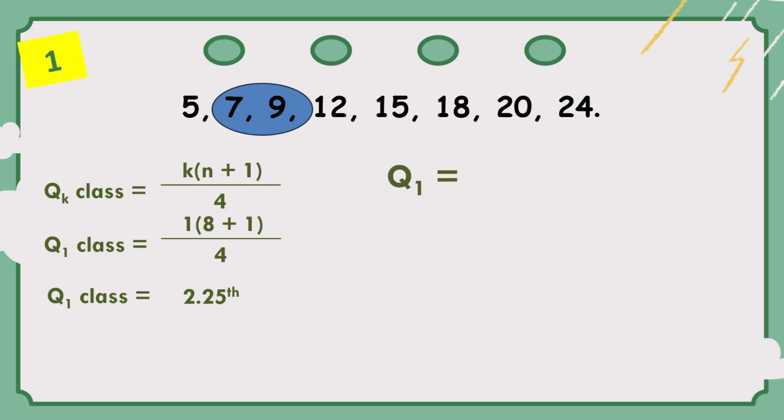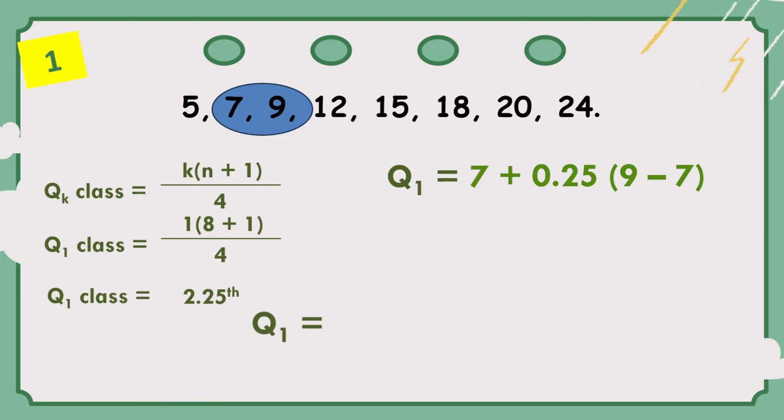What is the second position? The second position is 7. So quartile 1 is equal to 7 plus the decimal 0.25 times 9 minus 7, the third minus the second. 9 minus 7 is equal to 2.